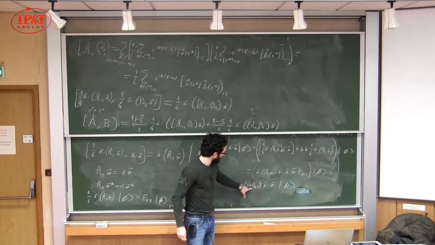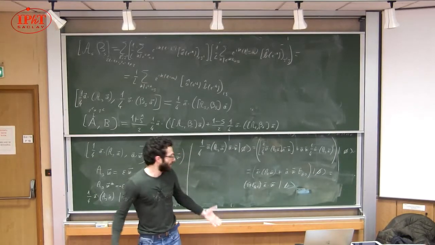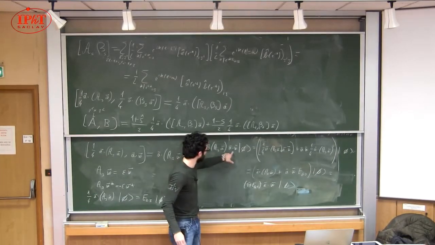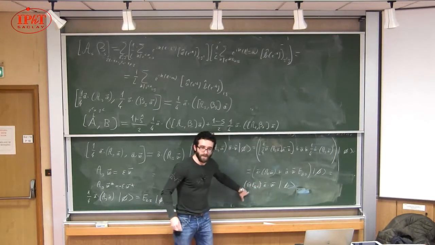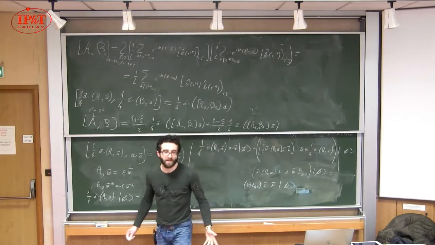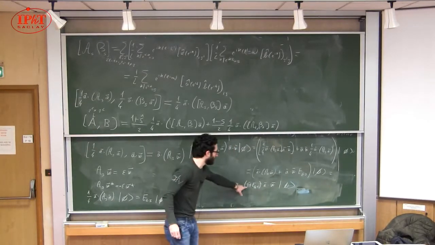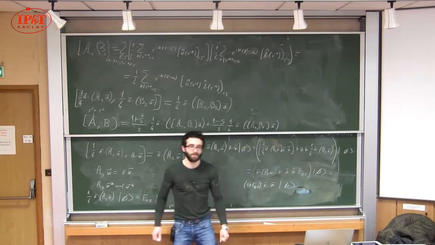Now, the energy of the ground state is the minimal energy that you can have. Here, I'm just saying that this is also an eigenstate of the Hamiltonian with this new eigenvalue. But because this is a ground state, this epsilon cannot be negative. Or if it's negative, this state should be annihilated by this operator.